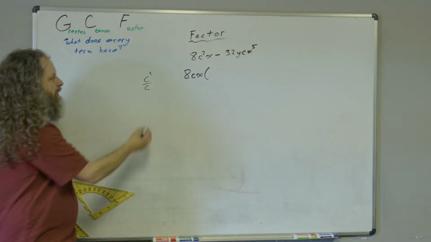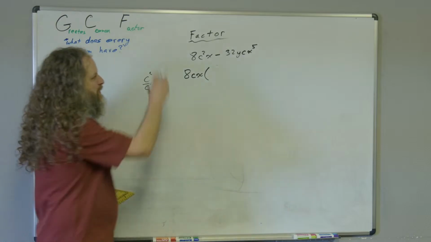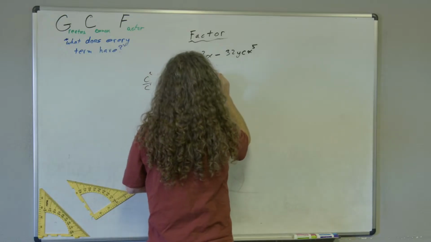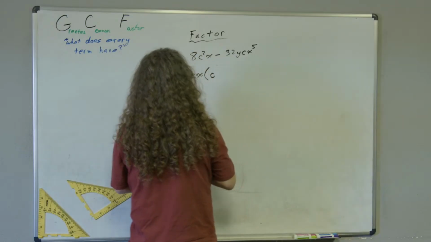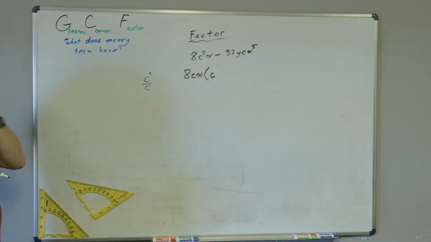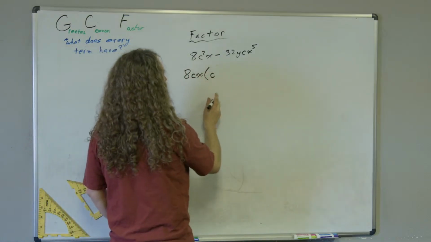Just c. 2 minus 1 is 1, right? If there's 2 up there and 1 down there, we take 1 out, there's 1 left. Either way you look at it, there's a c left. X divided by x is what? 1. Anything divided by itself is 1. So all that's left in the first term is just a c.